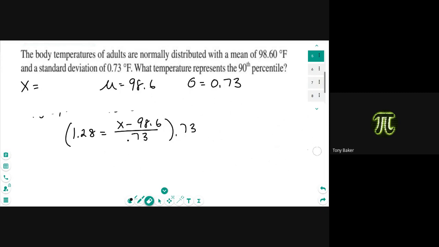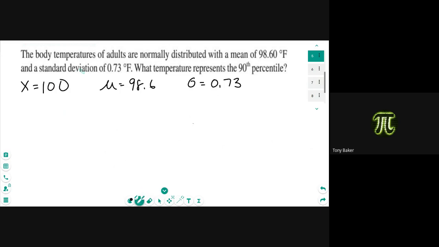What do we get? Very good. So my z, I'm doing 100 minus the 98.6 over the 0.73, which, if my calculator was correct, I got 1.92 for my z-score.